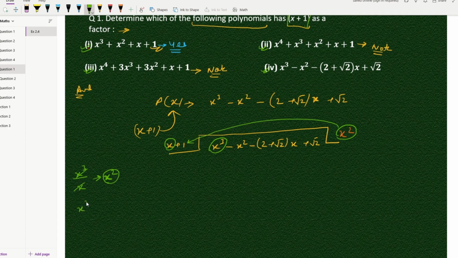Let us do that. That is x square into x plus 1. It will be x square into x. It will be x square into plus 1. That is x cube plus x square.